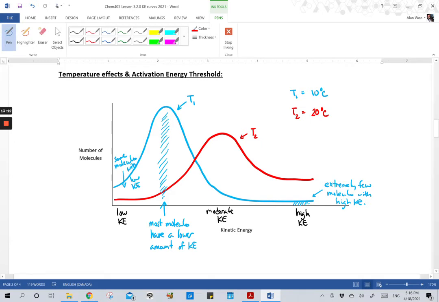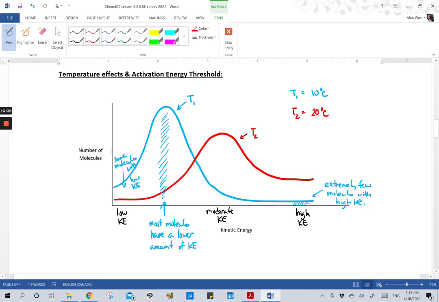We don't expect it to keep its same shape. That usually never happens, because we're looking at number of molecules that have a certain amount of kinetic energy. So if I give more kinetic energy to the T1 curve, raise the temperature to 20 degrees, well, it just means that overall there are more molecules with more kinetic energy compared to T1.